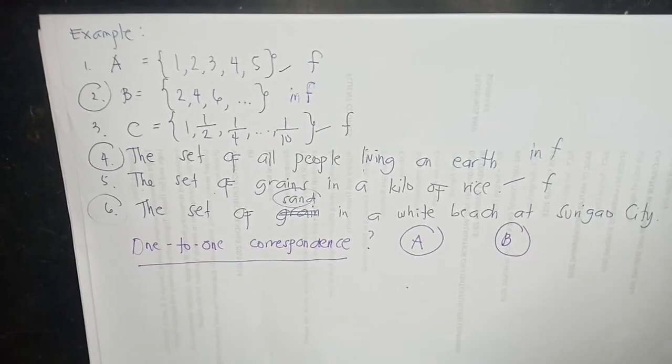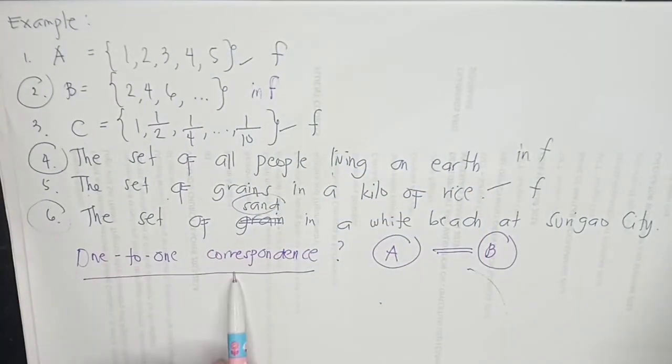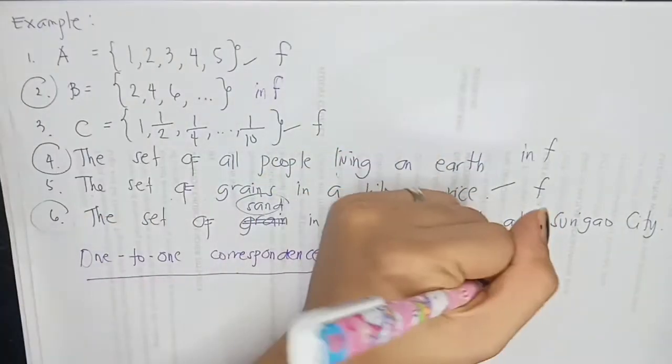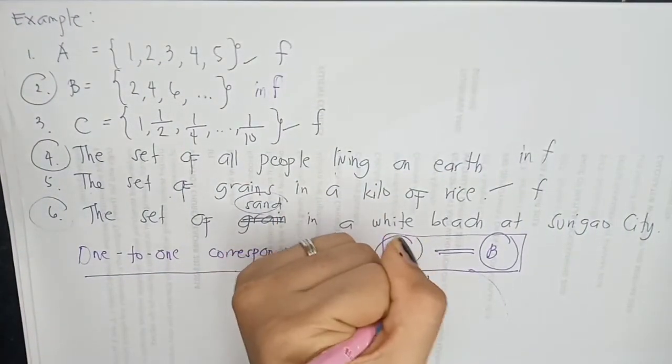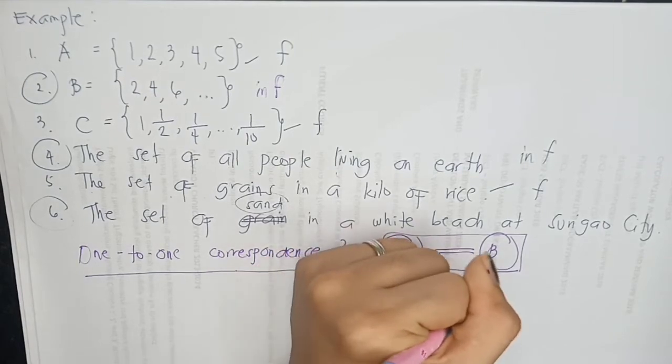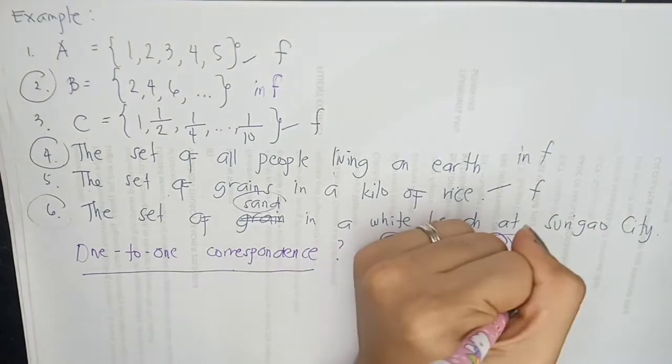So kapag po ang dalawang set na A and B are in one-to-one correspondence, then the two sets are said to be equivalent. So kung mayroon pong one-to-one correspondence between A and B, hence equivalent. So masasabi po natin silang equivalent. So equivalent is denoted by the symbol.